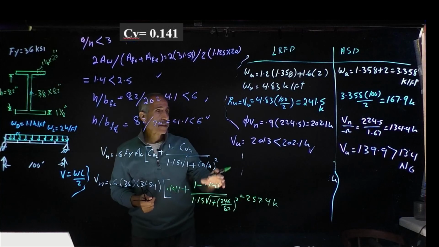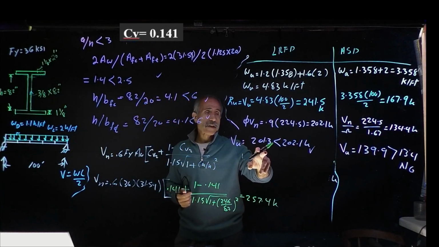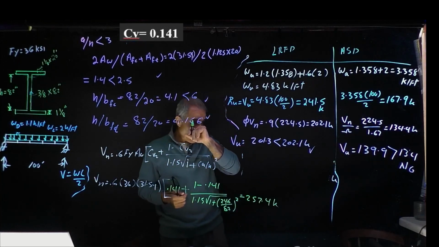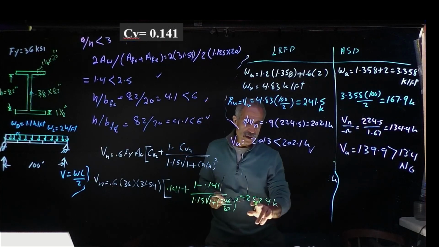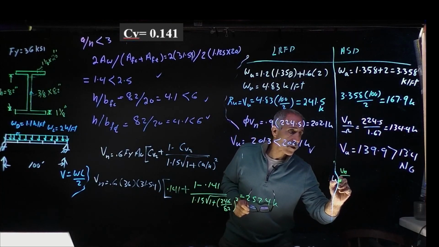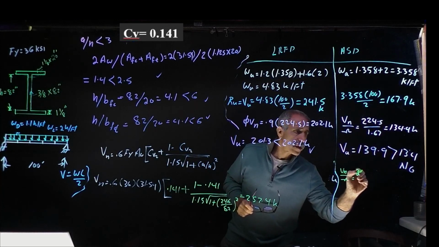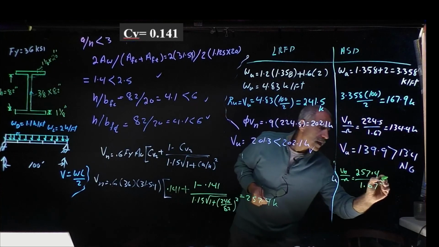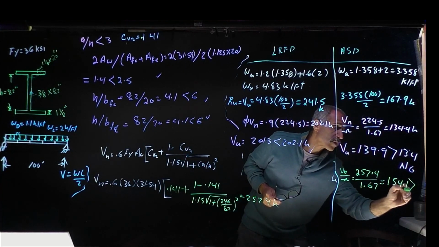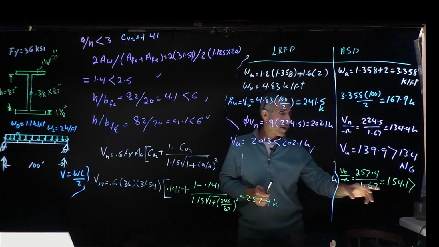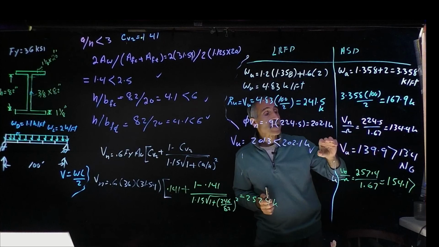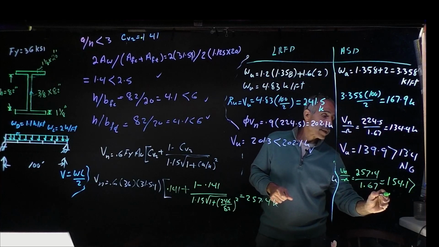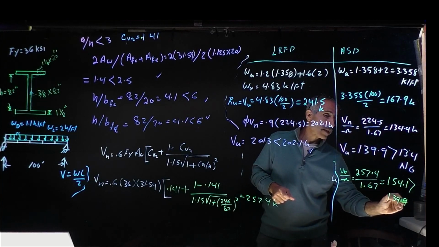You notice that the first stiffener was almost satisfactory for the load resistance factor design, and obviously this is going to be satisfactory because it's going to be Vn divided by omega, which is 257.4 divided by 1.67, and that comes out to 154.1, which is bigger than our VA due to the load at 100 inch away, 139.9. We're good.